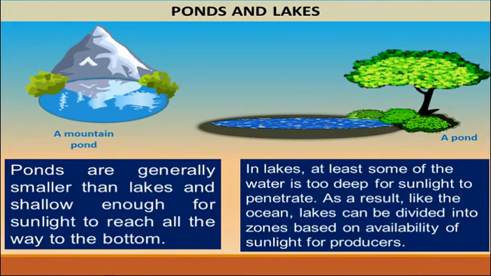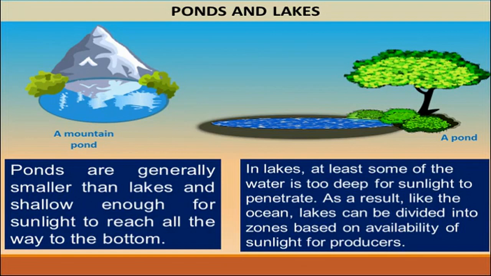Here I am showing you two different lentic systems, aquatic ecosystems. One is pond and second is lake. Ponds are generally smaller than lakes and shallow enough for sunlight to reach all the way to the bottom. So if you consider in terms of size, ponds are smaller and the light can penetrate to the bottom of the pond.